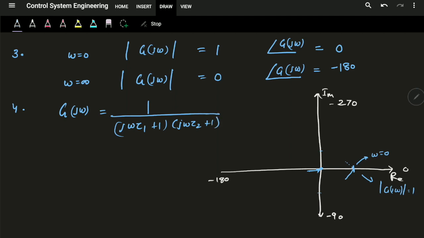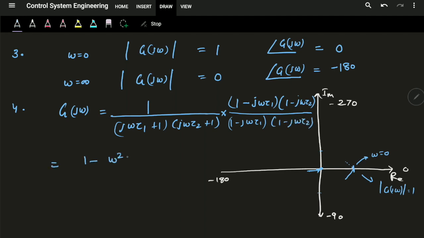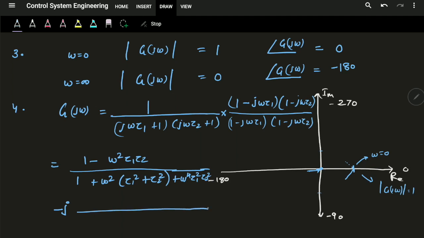If I have to represent this in a plus jb form, I have to multiply it with the conjugate, and we have this equation. This is your real part. Similarly, we have the imaginary part, which is equal to minus j.